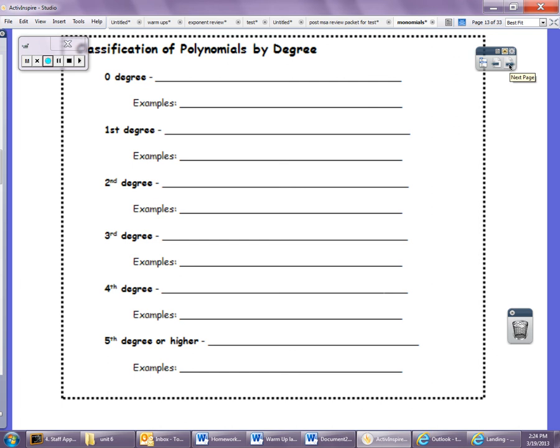Now, classifying polynomials. We can classify all these by degrees. If it's a 0 degree, it's going to be called a constant. An example would be the number 7, or negative 8, or 10,122.